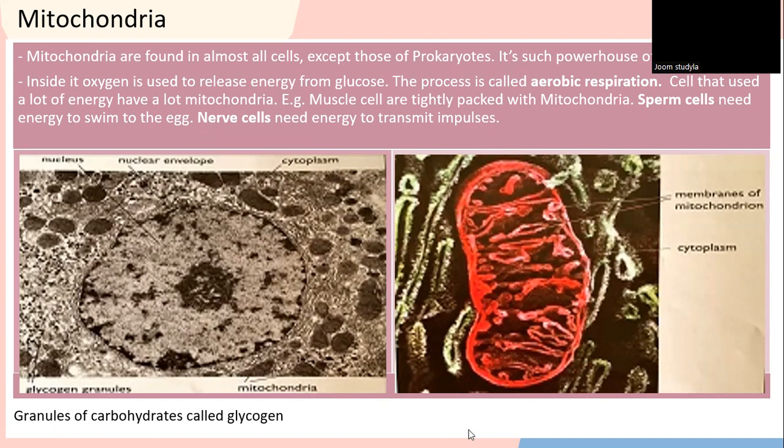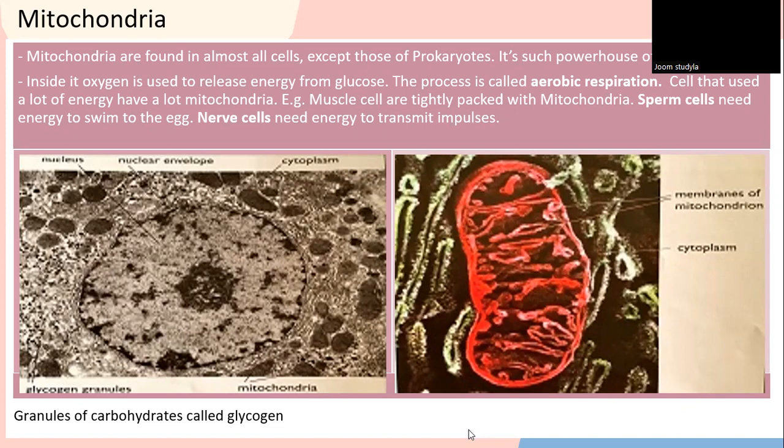It is a very useful powerhouse of cells. Inside it, oxygen is used to release energy from glucose. And this process is called aerobic respiration. Cells that use a lot of energy have a lot of mitochondria.